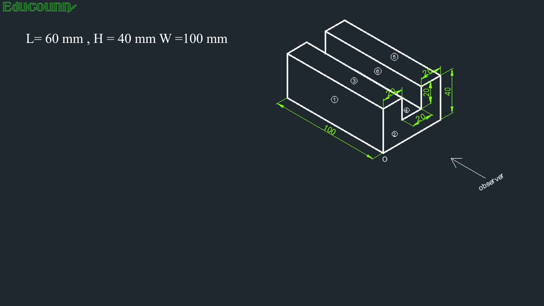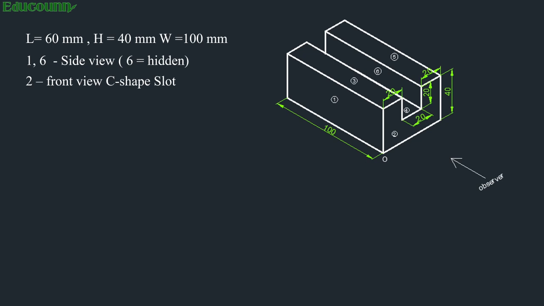The surfaces seen in the side view are two, surface number 1 and surface number 6, in which surface number 6 is a hidden surface which will not be seen in the side view, but you have to represent it by a dotted line. The surface seen in the front view is surface number 2, which is the entire C-shaped slot. There is only one single surface in the front view.